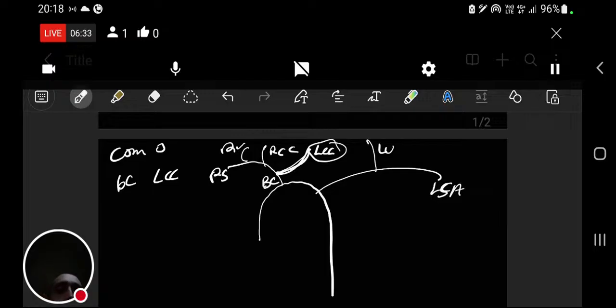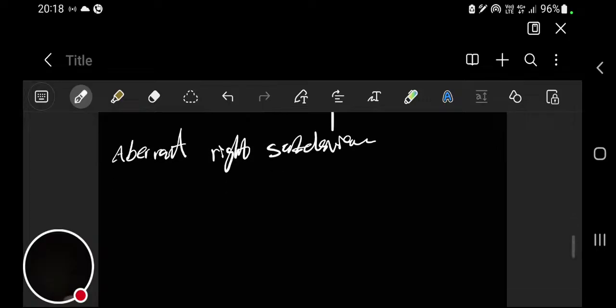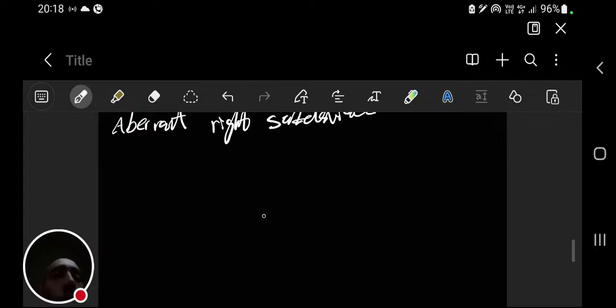Now, let's continue to another anatomical variant, which is called the aberrant right subclavian. Okay? Now, in the aberrant right subclavian, we have the right subclavian artery coming from a different place from the arch of the aorta.